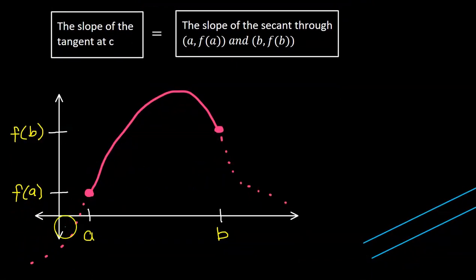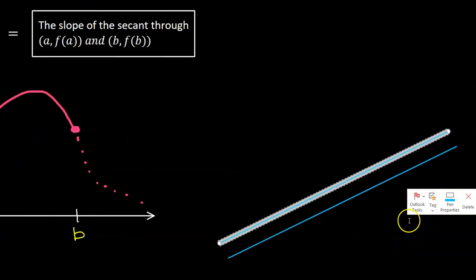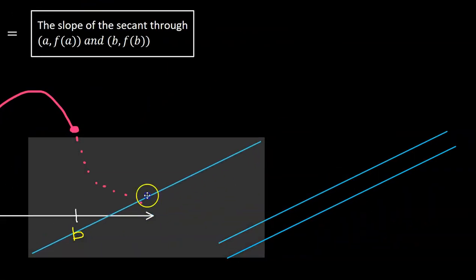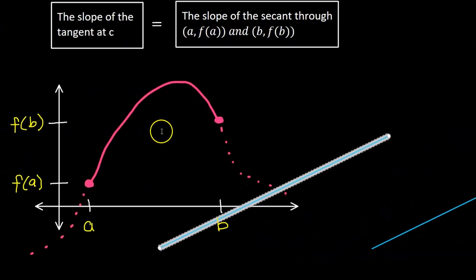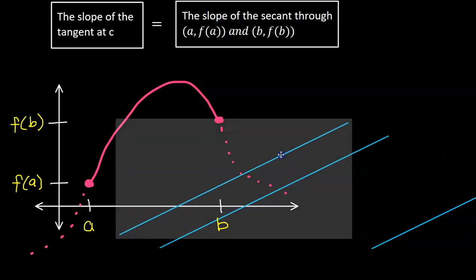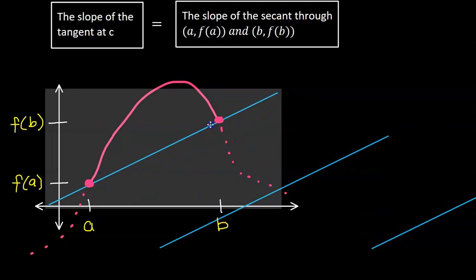So we have some function, but we're only interested in a certain interval from a to b. That interval is going to be defined by a secant line. And a secant line is a line that just cuts through the interior of the function. It just cuts across a function.